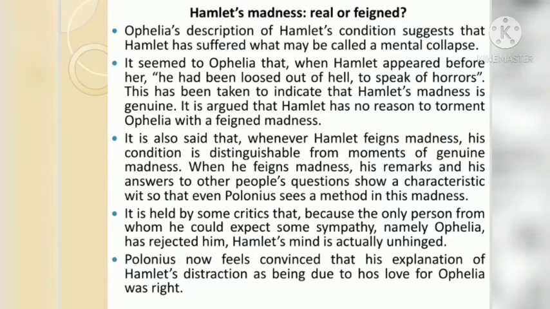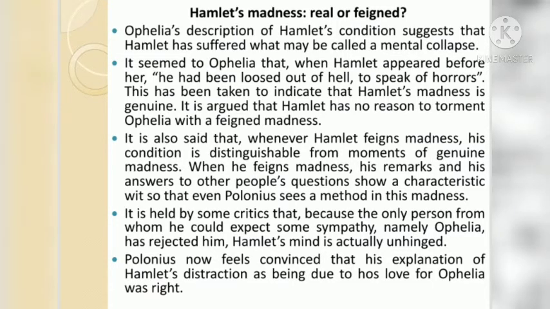When he feigns madness, his remarks and his answers to other people's questions show a characteristic wit, so that even Polonius sees a method in this madness. We can clearly understand when Hamlet is faking madness and when he is genuinely gone out of his mind.